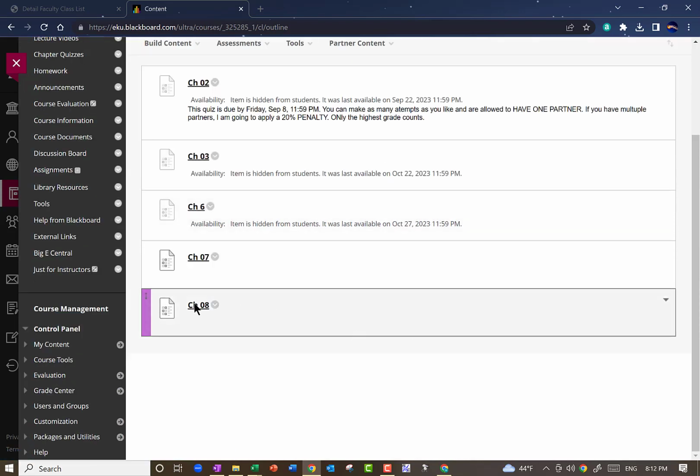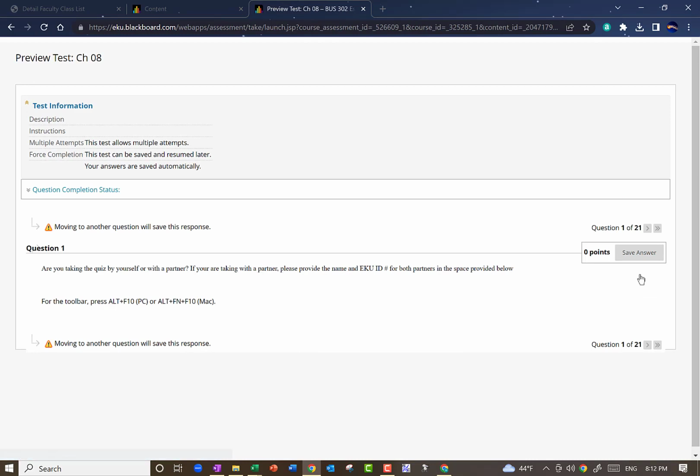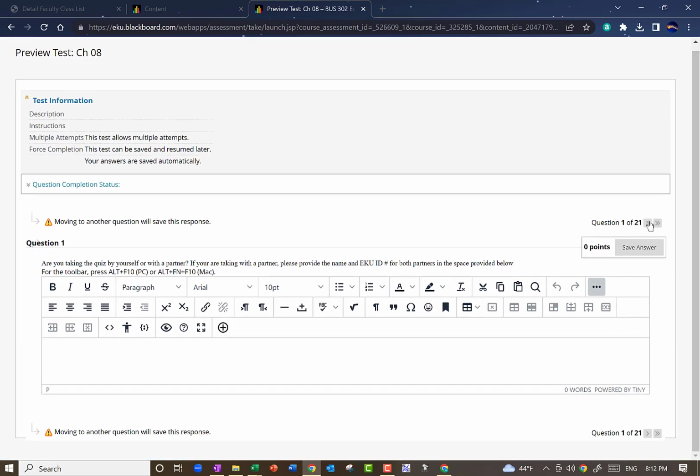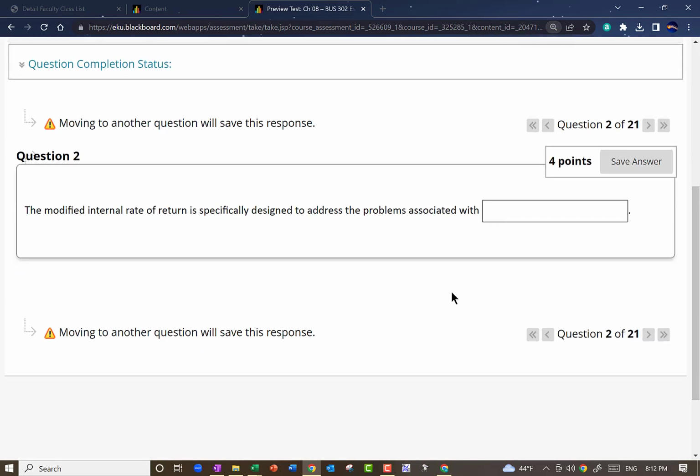Okay, chapter 8. Let's begin. Next question. Let me make it a bit bigger. The modified internal rate of return is specially designed to address the problems with what?